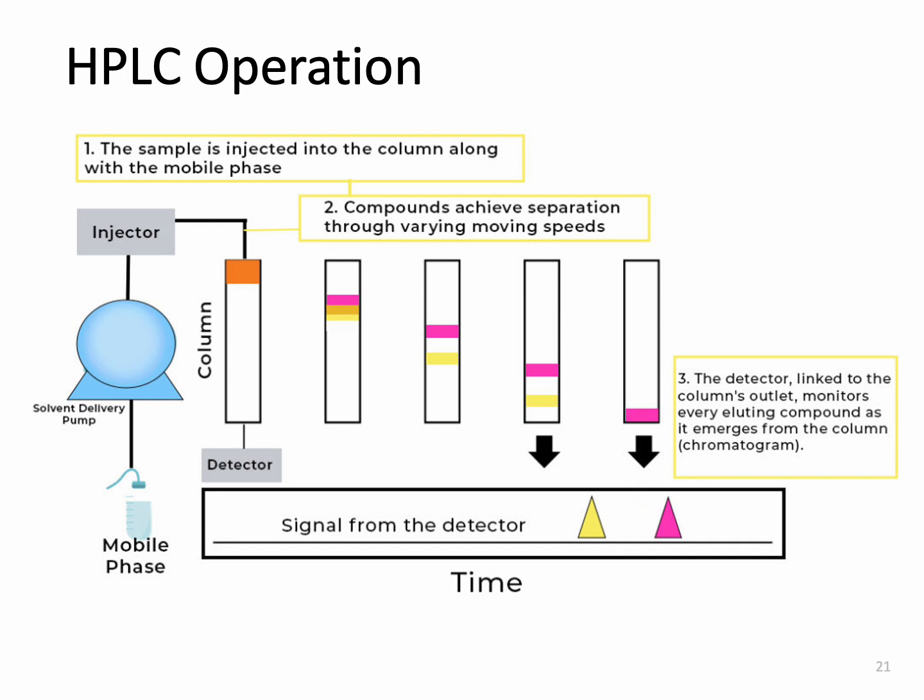When you see the column, of course, the first one on the left, you see that it goes through the detector, and then the next figures from left to right show to what extent, or at what speed, we see the separation of different compounds.